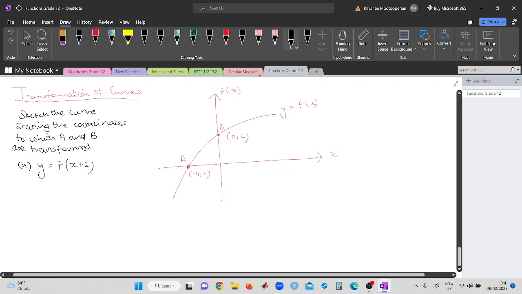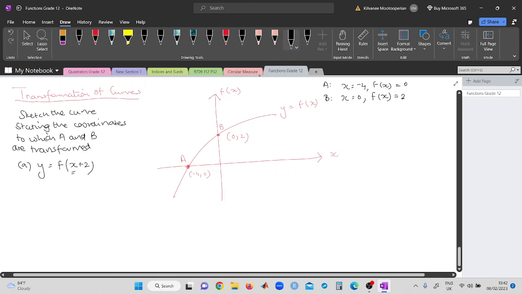That's an example. So here, I have f of x plus 2. What happens here? My values of x stay the same. So basically, when x was equal to 0, in the initial curve, f of x would have been equal to 2, from point B. So we mark the B points. For A, when x equals minus 4, f of x would have been equal to 0.